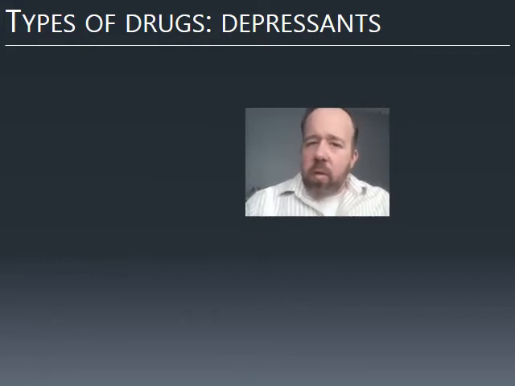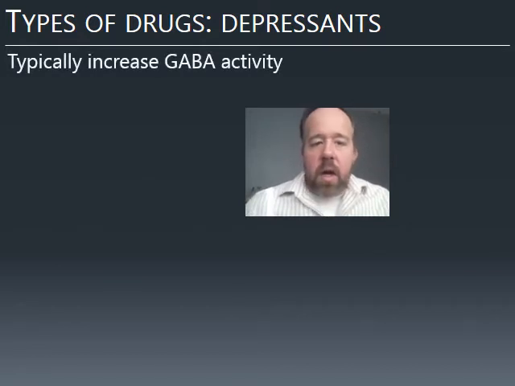So the first major class of drugs that we'll come to are the depressants. And these work usually by increasing the activity of the neurotransmitter GABA. If we recall from our unit on the brain and neurotransmission, GABA is our inhibitory neurotransmitter.